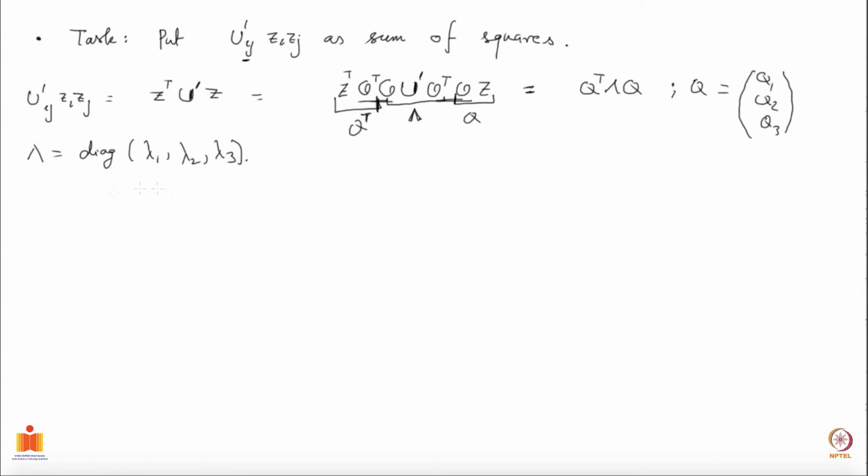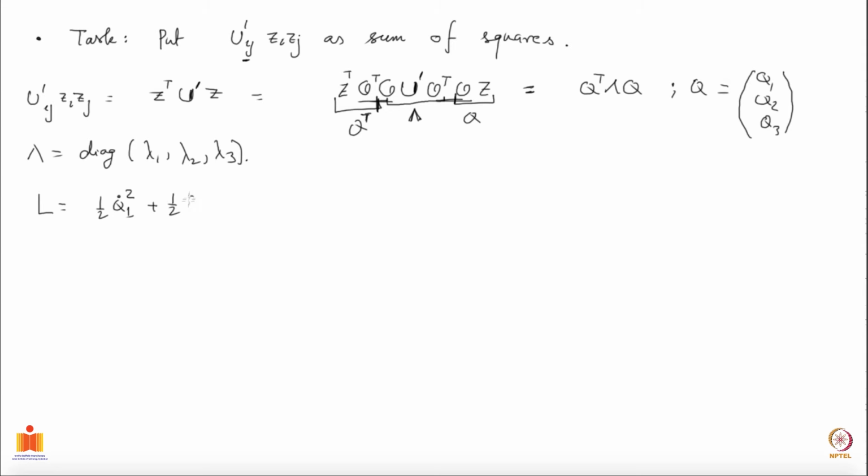So what do I have for my Lagrangian now? My Lagrangian looks like this: half q1 dot square, half q2 dot square plus half q3 dot square. Let me write down first all the kinetic pieces.